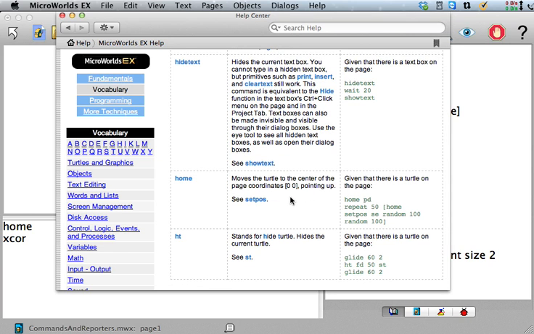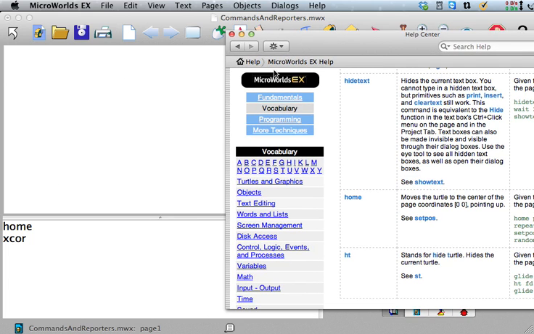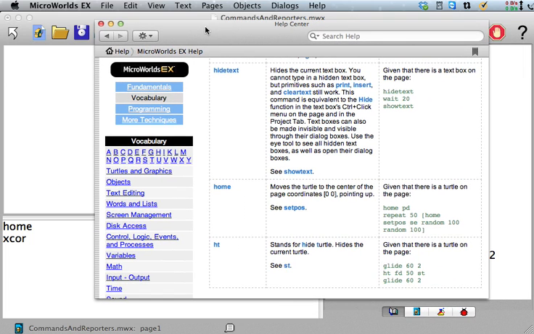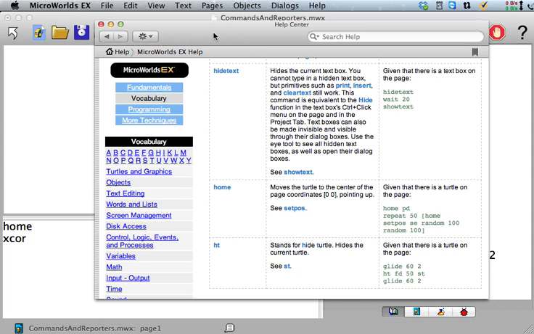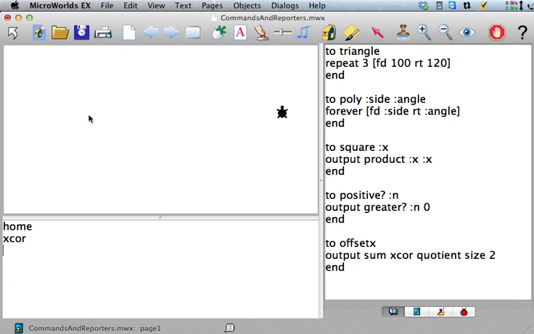So if it does something to the turtle, if it prints something out to the command center, or makes something appear or disappear, or change color, if it has some effect on the world here, then it's a command. But if it gives you information, if it's telling you the x coordinate of something, then it's a reporter.